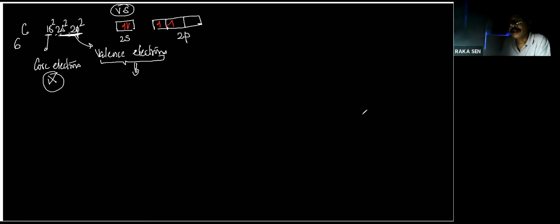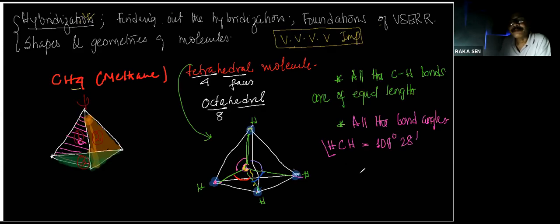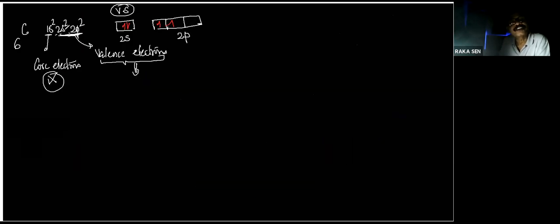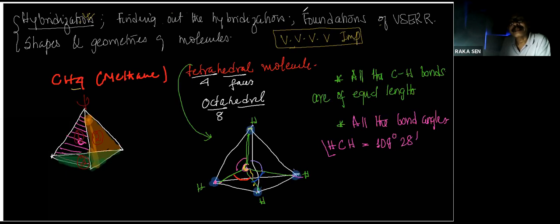Right? Now, out here, what's happening is this. How many electrons does carbon have in its valence shell? 2 plus 2, 4. Right? If you look at this structure, all of these are essentially nothing but covalent bonds. This is a covalent bond. This is a covalent bond. This is a covalent bond. And this is a covalent bond.